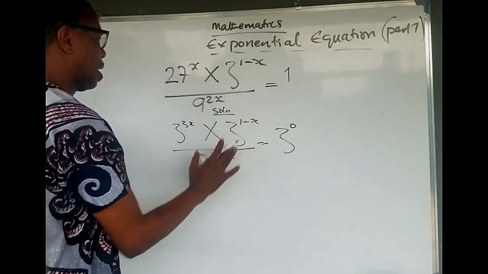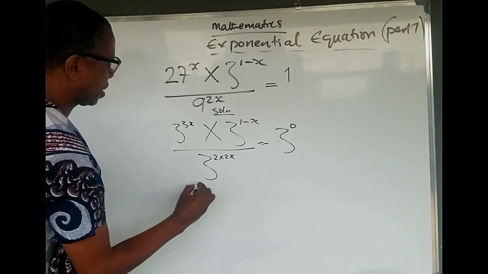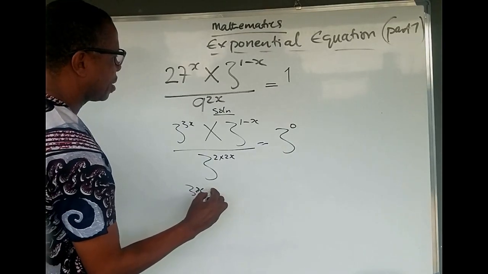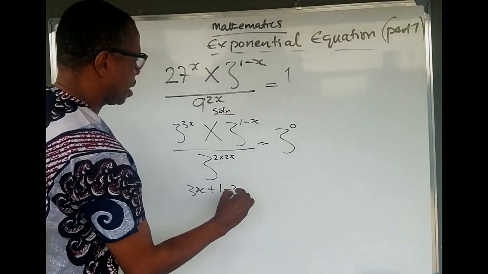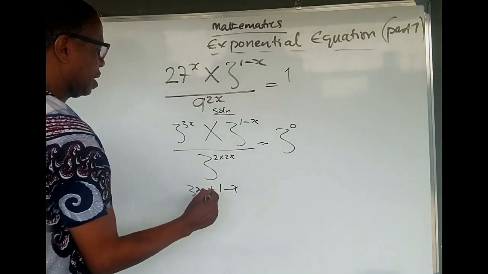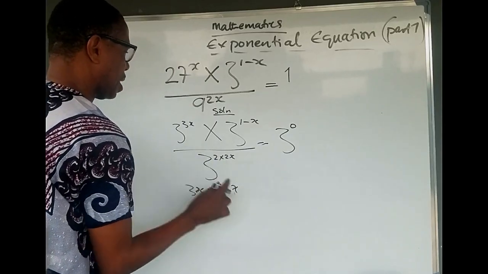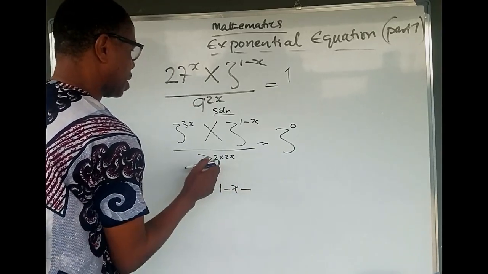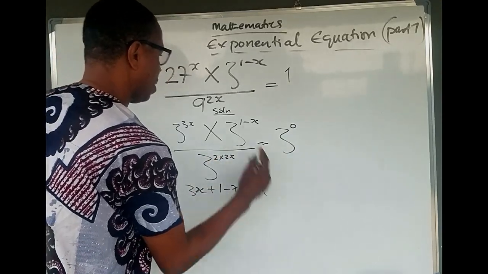So only this one now is 3x plus 1 minus, and remember that when common base multiply, you add their powers, and when they divide, you subtract their powers. Minus, this thing means 2 times 2x, which is 4x. Only this side.